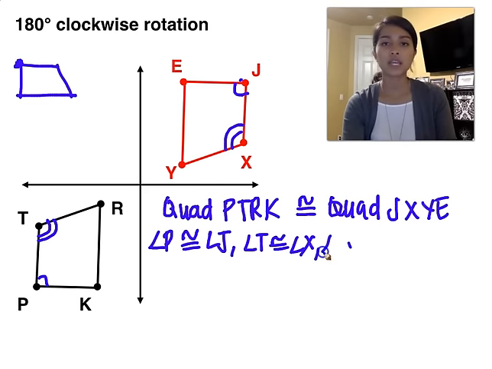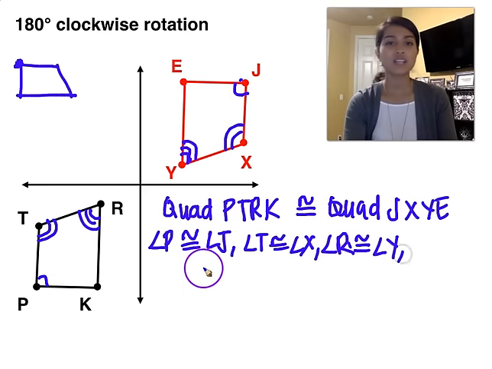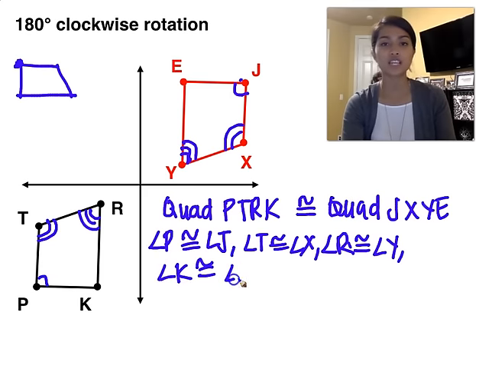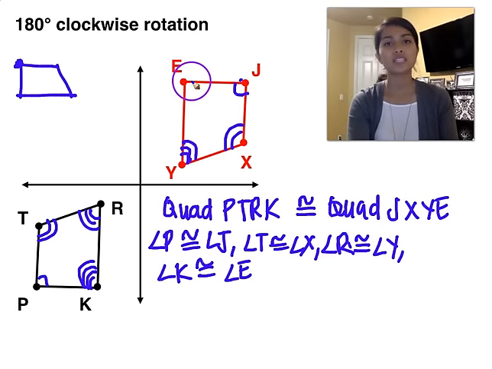Now the third one, angle R, is congruent to the third one, which is angle Y. So R congruent to Y, still looks good. And last but not least, the fourth one, which is K, is congruent to the fourth one, which is angle E. So K, 1, 2, 3, 4, is congruent to E, 1, 2, 3, 4.